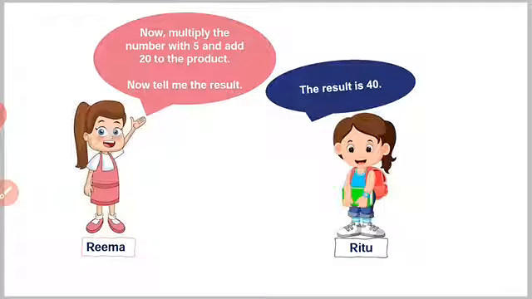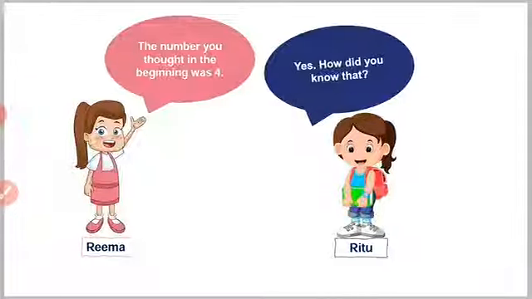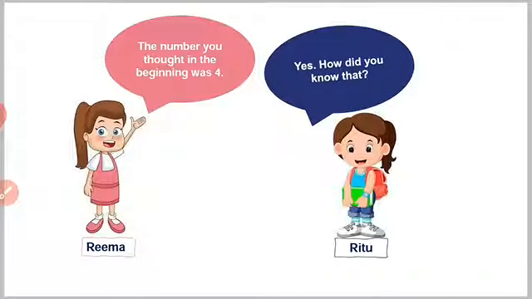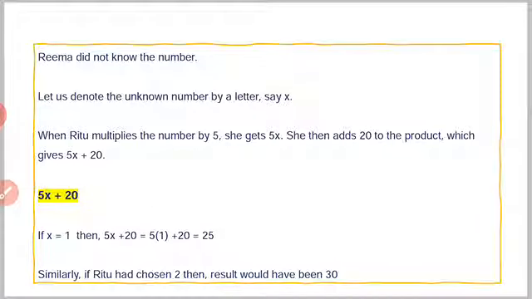Rima then asks Ritu to multiply the number with 5 and add 20 to the product. And then she asks the result and tells the number which Ritu had in her mind. So let us see how Rima was able to tell the answer correctly.